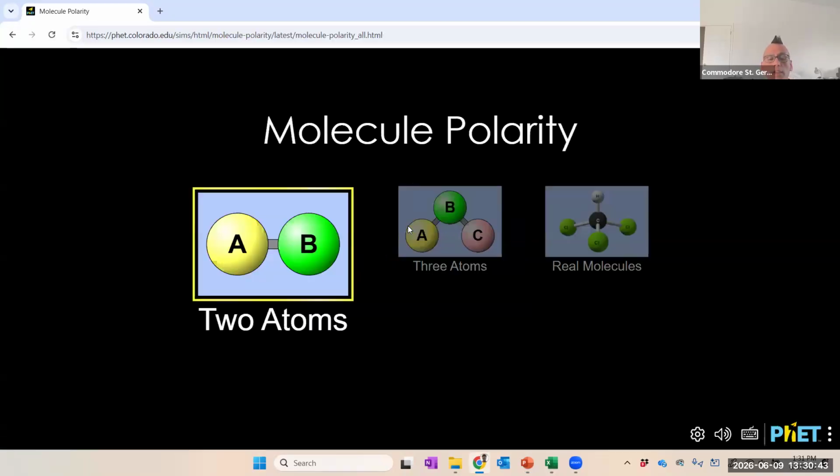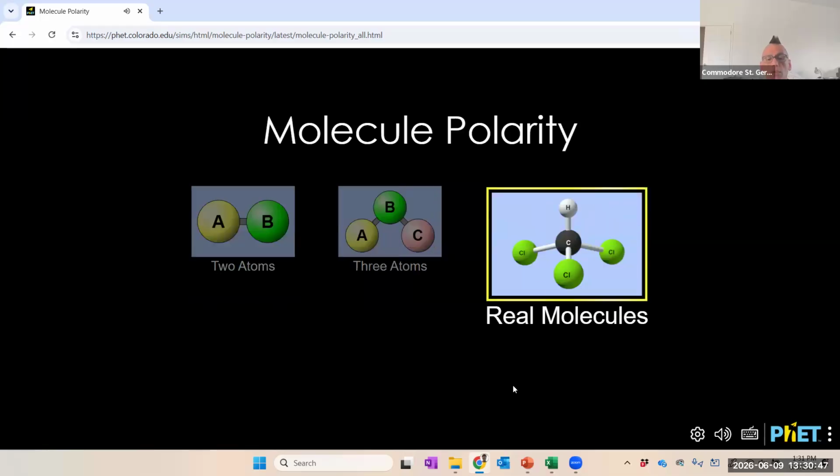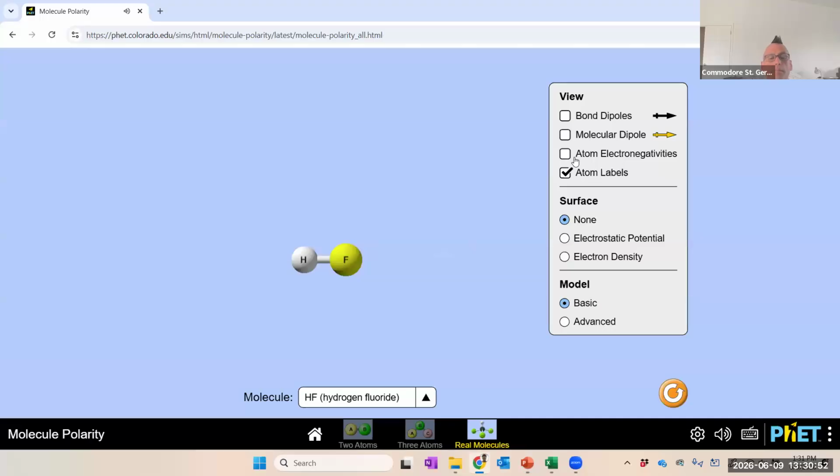This one is a little funkier. I think it's an old one, but you can do two atoms, three atoms, or real molecules. I suggest real molecules. They're kind of easier to click through and figure out.